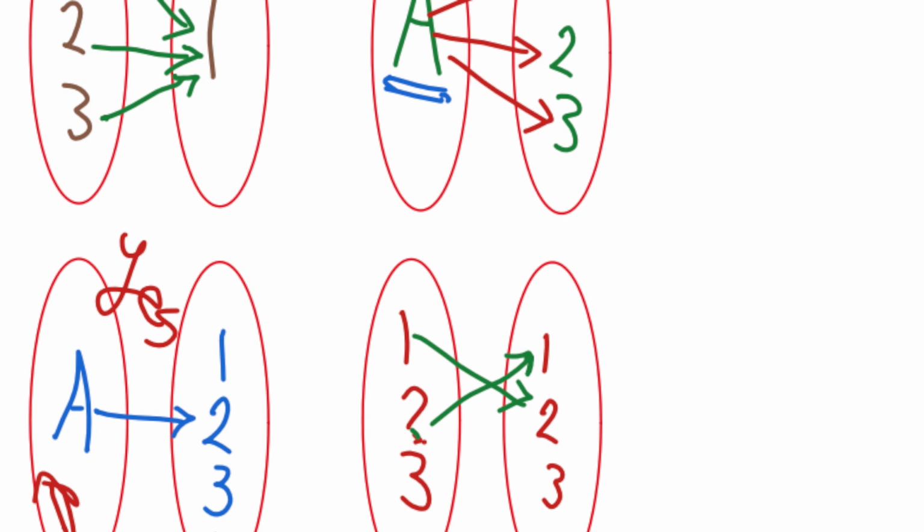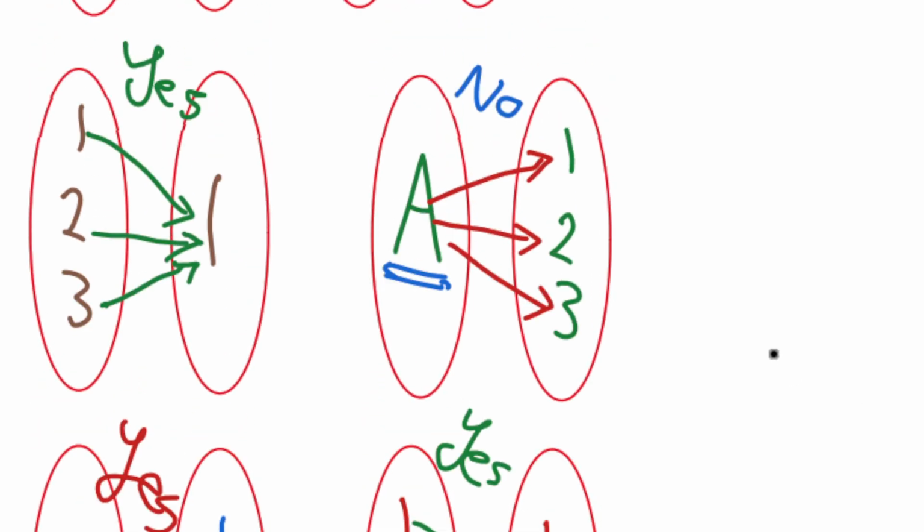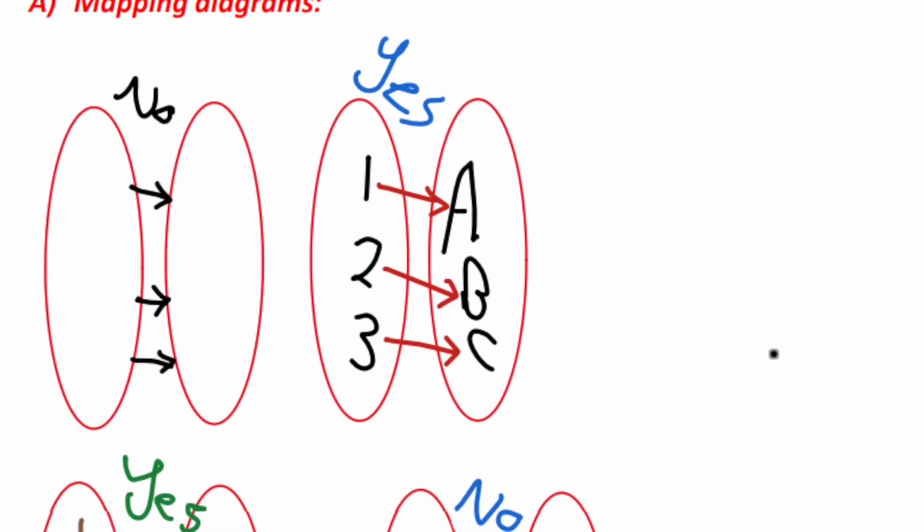Now what if this one is connected to 2 and the 3 is not connected? Yes, it is a function. So we usually look carefully at this part. Alright, that's very good.